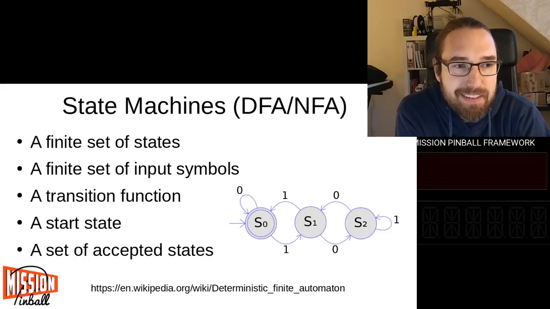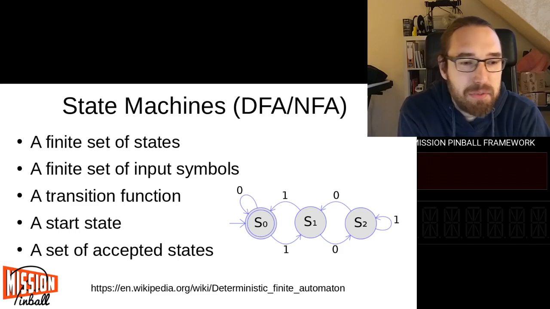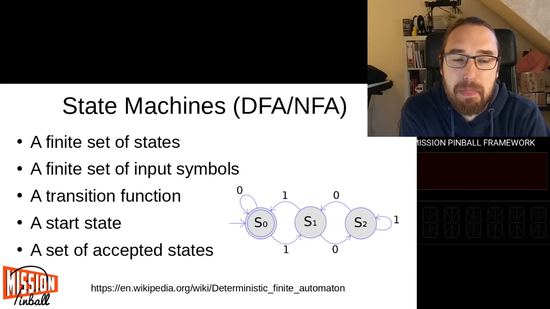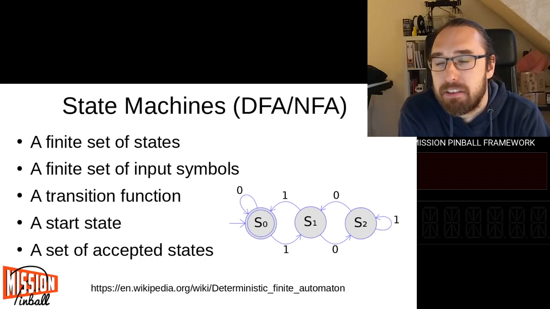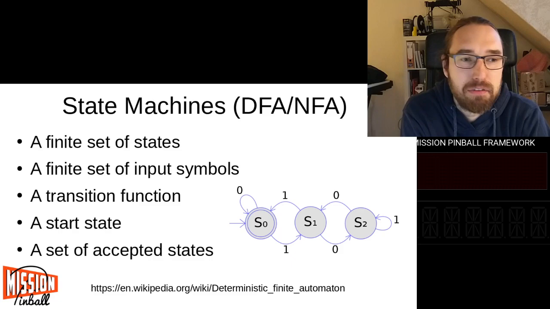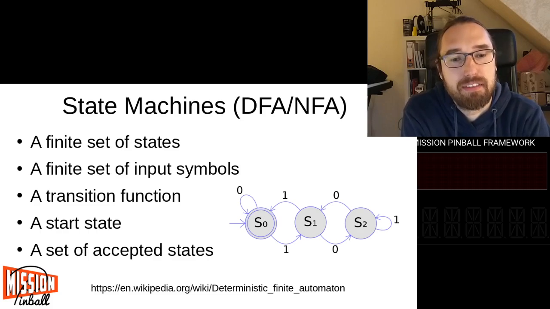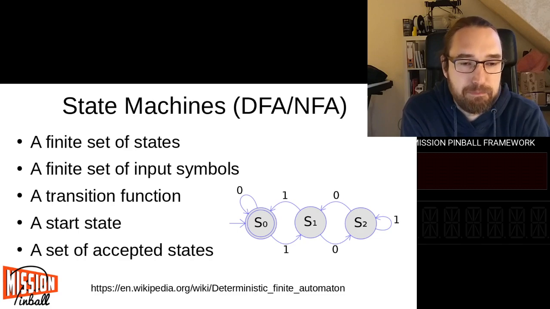State machines are deterministic finite automatons, and there's a Wikipedia link at the bottom if you want the mathematical details. Mathematically defined, a deterministic finite automaton has a finite set of states, a finite set of input signals, a transition function, a start state, and a set of accepted states.